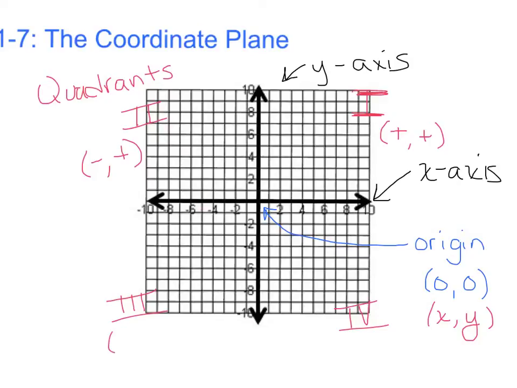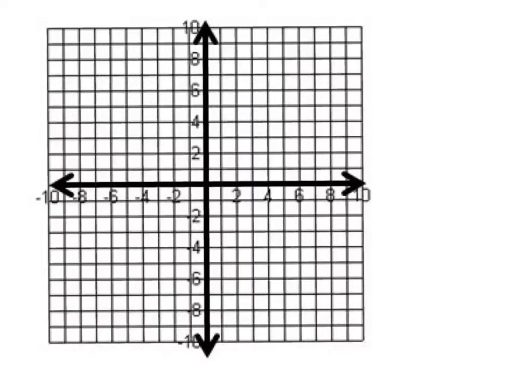So my coordinates will be negative and negative. For quadrant 4, my coordinates will be positive and then negative, because I will have to go to the right and then to go down. So any coordinate pair can be given by these set of values.